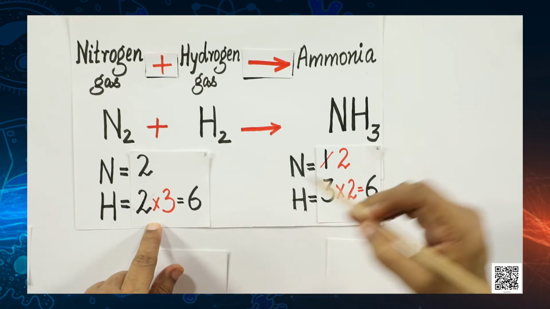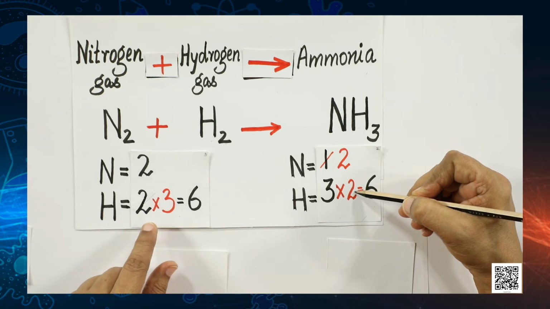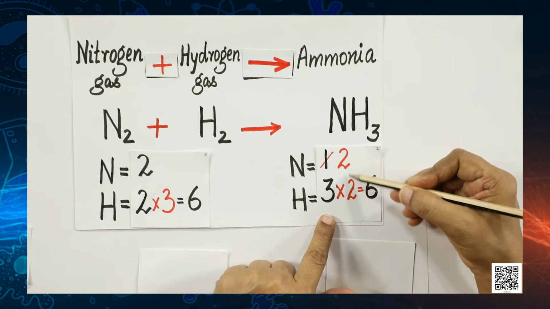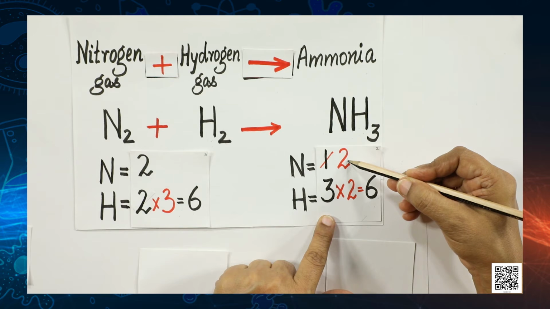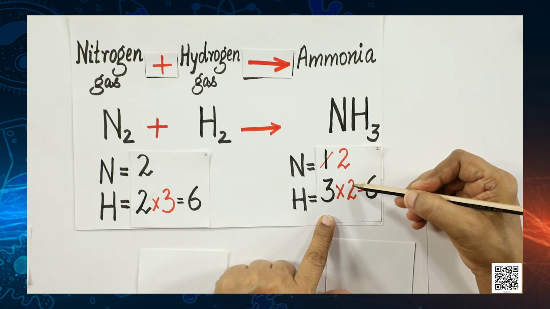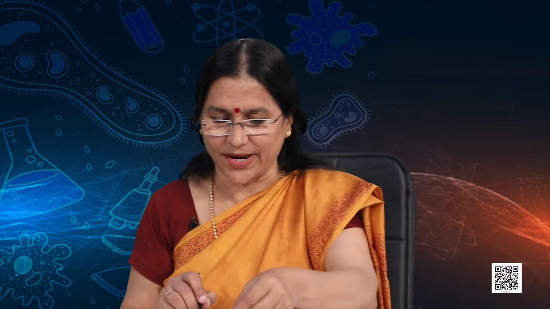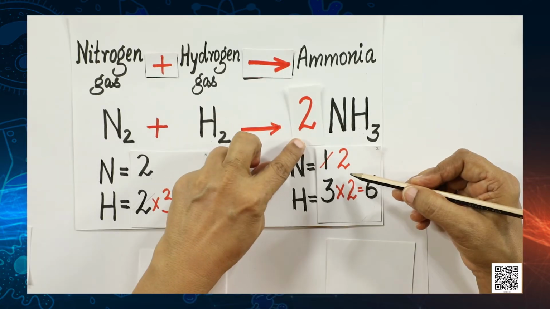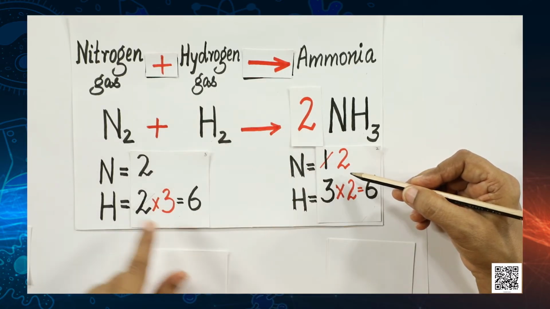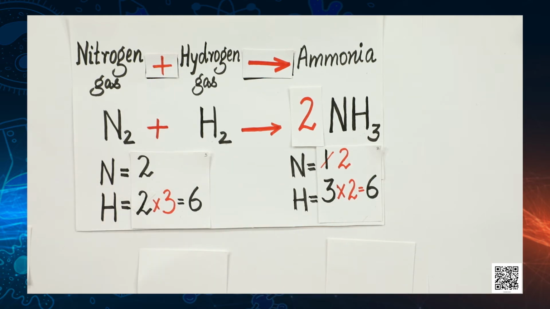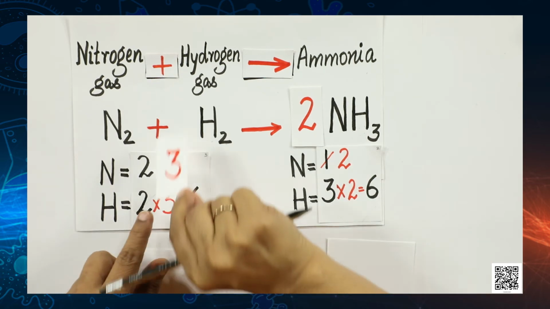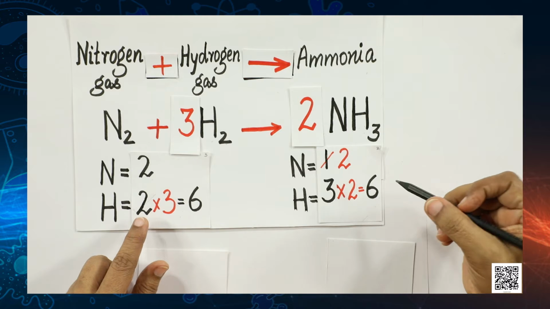Now, once you do the calculations like this, you can very easily add the coefficients. Here I have shown the coefficients to be added in red color, so that you can identify easily. So, okay, here we go. We write a coefficient 2 in front of NH3, and in front of nitrogen no coefficient to be written, and in front of hydrogen molecule you have to add coefficient 3.